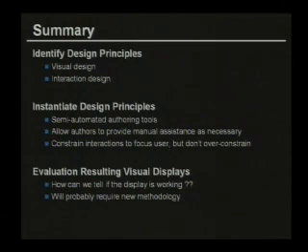Next is instantiate these design principles. And here we often create semi-automated authoring tools and let the user provide input where necessary. And finally, we need help in evaluating the resulting visualizations. So with that, I'll end. Thank you very much.